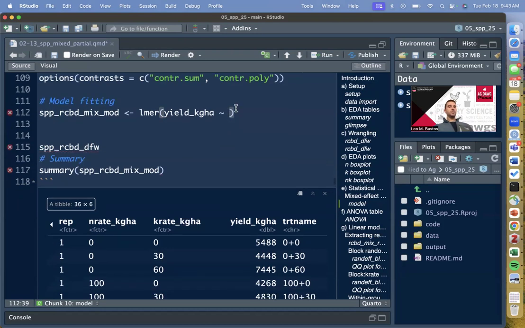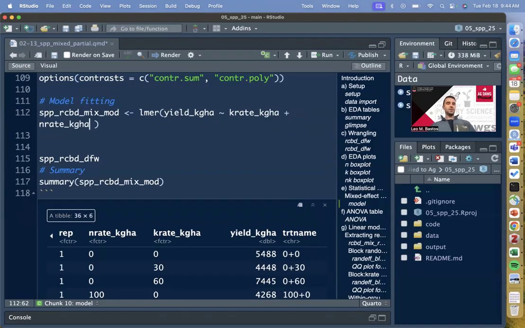Well, can you tell me how you would specify that in code? The K rate. Okay, so K rate, and then what goes in between the K rate and the N rate? A plus, okay. So we can do a plus. And then, is there something else? For the interaction, you also want to do the interaction term, plus and then K rate times.